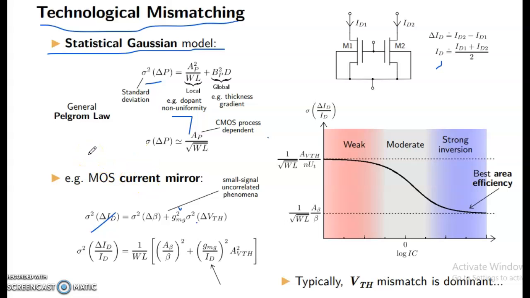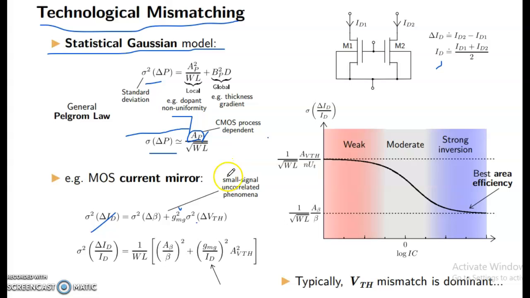General Pelgrom law: sigma of delta P equals A_P, which is CMOS process dependent, divided by root WL.